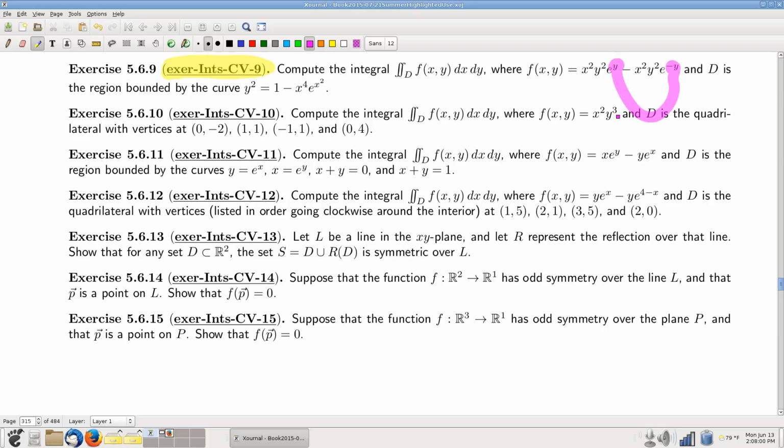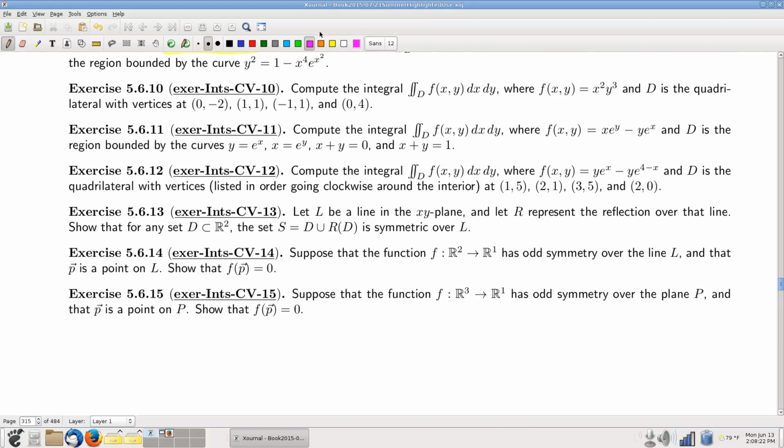By the way, if I replace x with negative x, nothing happens because x squared doesn't change when you replace x with negative x, and ditto for the other x squared. So the function has even symmetry if you change the sign of x. Okay, so let's consider the possibility, fingers crossed, that maybe this has odd symmetry the other way.